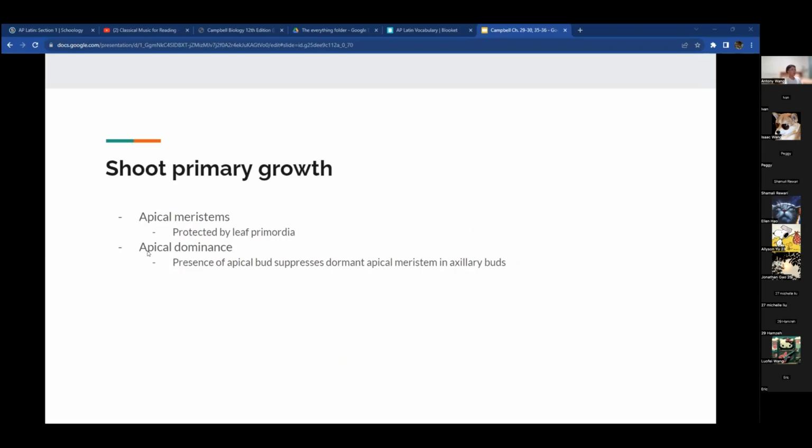Shoot primary growth. This is not much different from root primary growth. You have apical meristems, which are protected by small leaflets. One important thing to note, like I said before, is apical dominance. The apical bud, the top bud, will suppress dormant apical meristems.